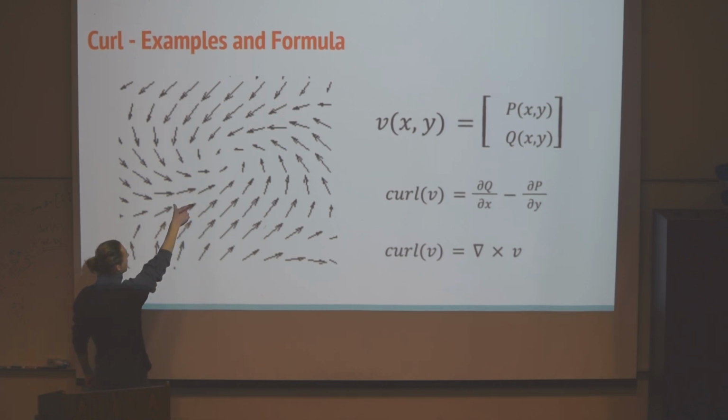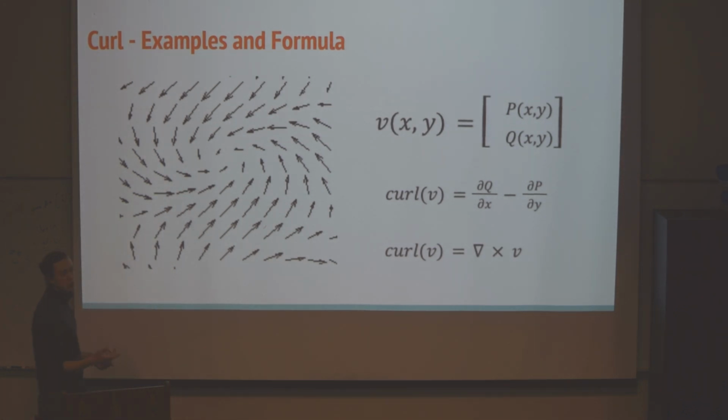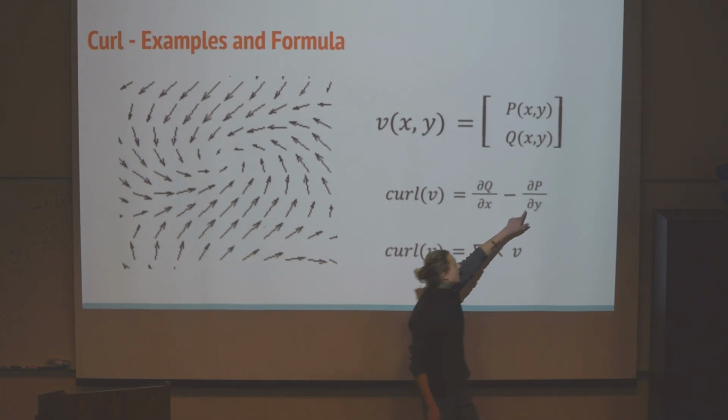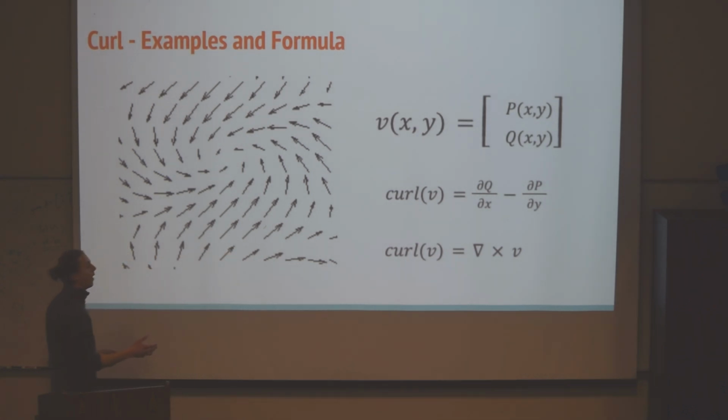Over here, it's really large. All of a sudden, as my vector starts pointing downward, it gets smaller and smaller. So this entire value is going to be less than 0. As I increase my y, the x component of my vector is going to decrease.